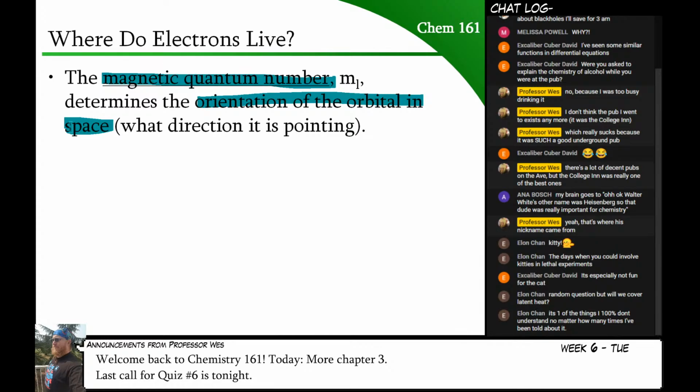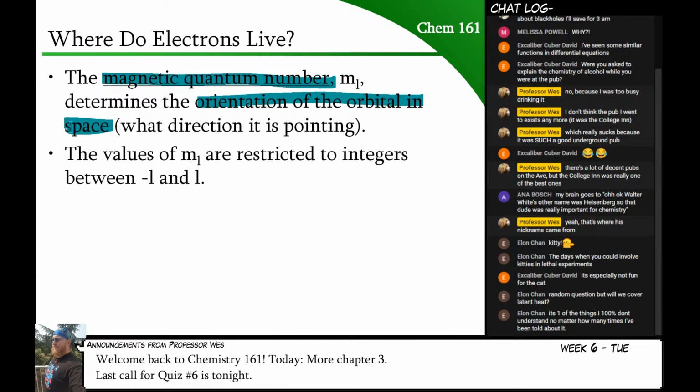There are multiple ways for electron orbitals to arrange themselves in space, but they need to not overlap each other because electrons repel. So what the orientation number does is it just says, okay, I have to squeeze this many things in here. These are the ways that I can do that without my electrons overlapping each other. The values of m sub L range from negative L to L. And, of course, I have to do the cursive L thing again.